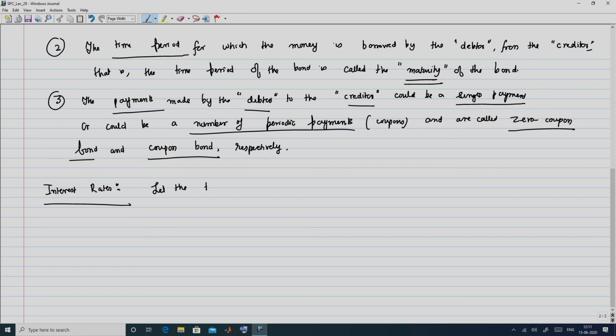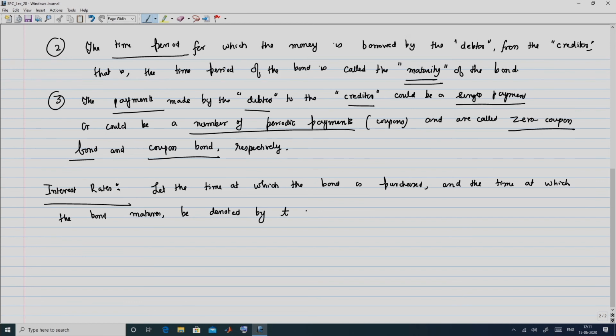So, let the time at which the bond is purchased and the time at which the bond matures be denoted by small t and capital T respectively.